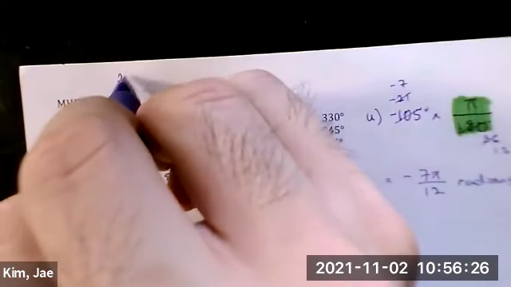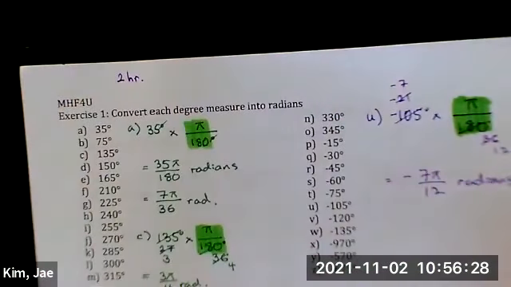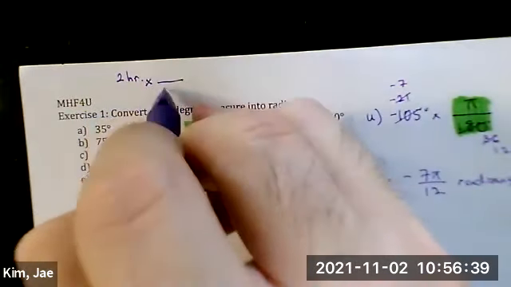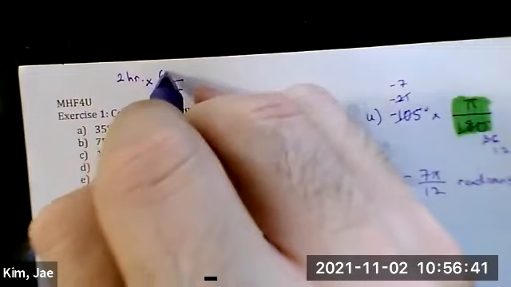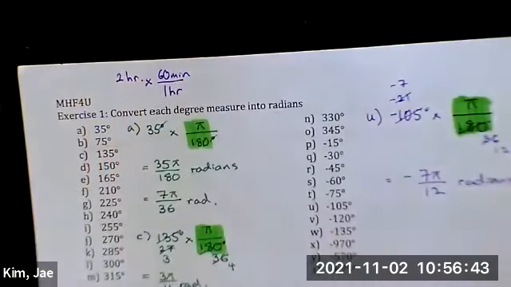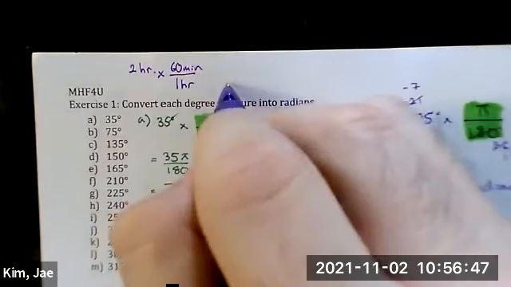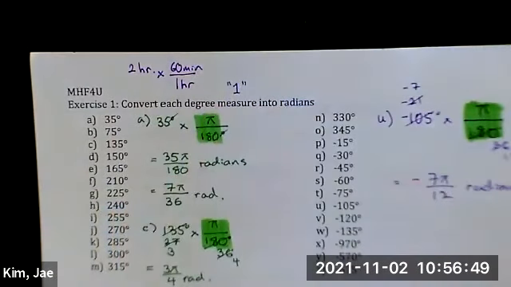If I have 2 hours and I ask you, how many minutes is that? We're going to multiply it by 60. Why? Because 1 hour and 60 minutes is exactly the same thing. So I'm actually multiplying it by a 1. You see?